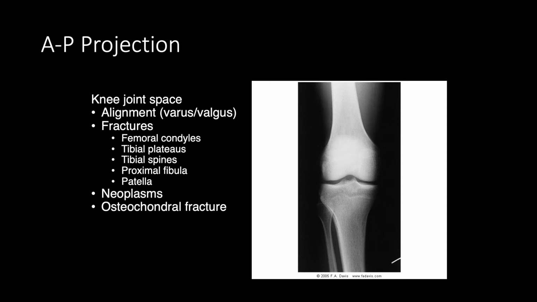You should be able to see the proximal fibula. And then over this, you can see the patella that's superimposed over the femoral condyle here. So really looking for any type of line here that may indicate an osteochondral fracture within the joint, and then obviously any type of neoplasm.